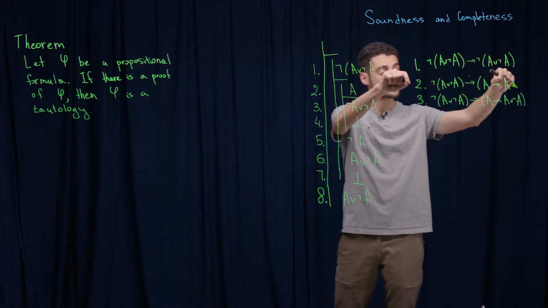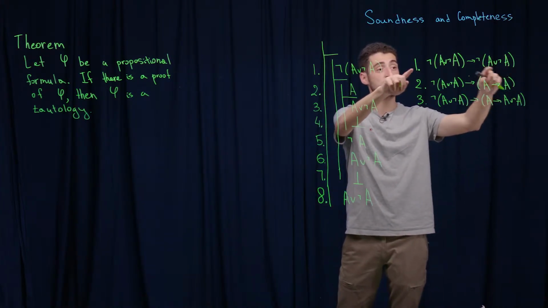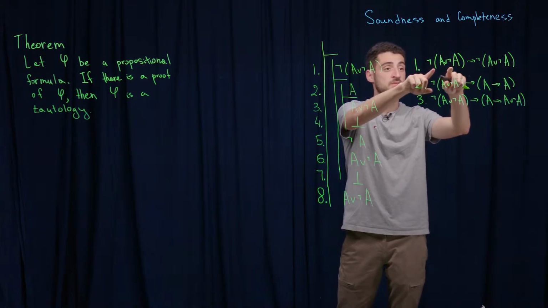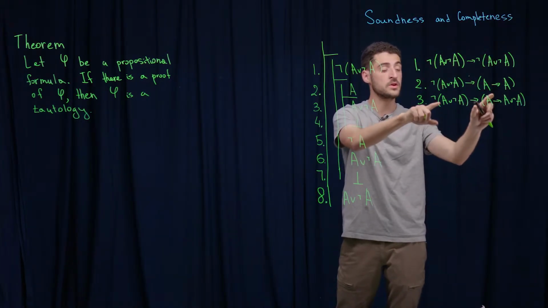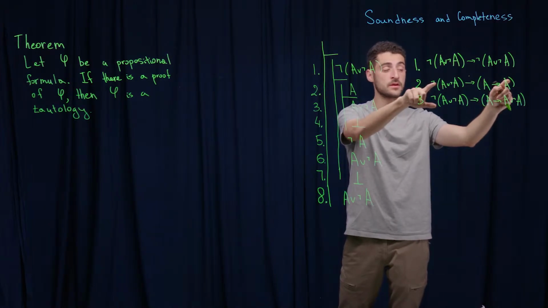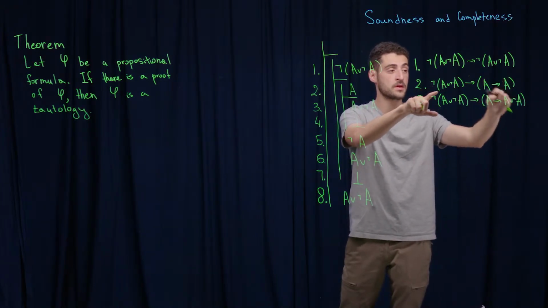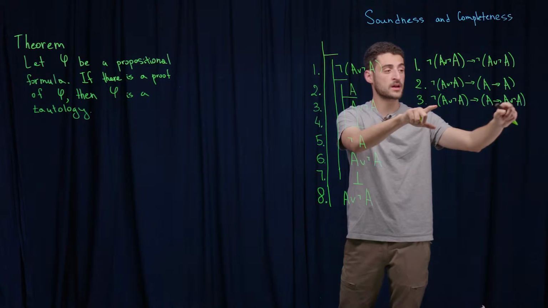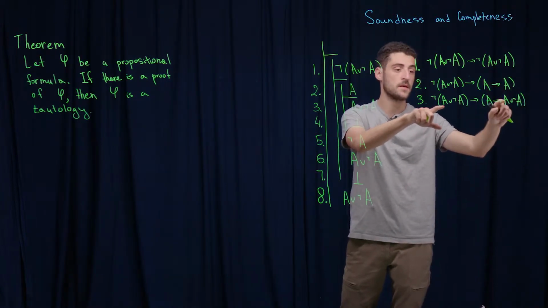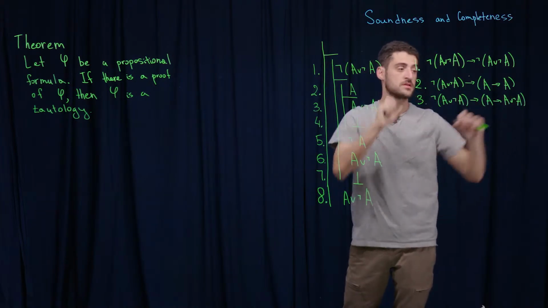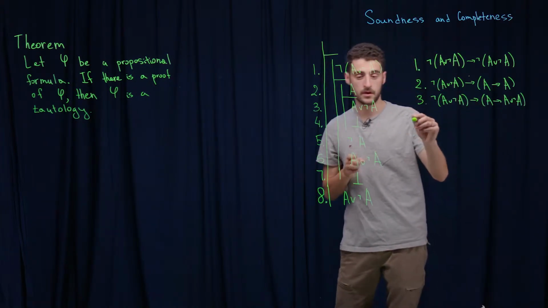Note that these two formulas are tautologies just because the assumption and the conclusion are the same. Here, we use the fact that this is a tautology, and we replace the conclusion by the conclusion or something else. In other words, this is still a tautology.